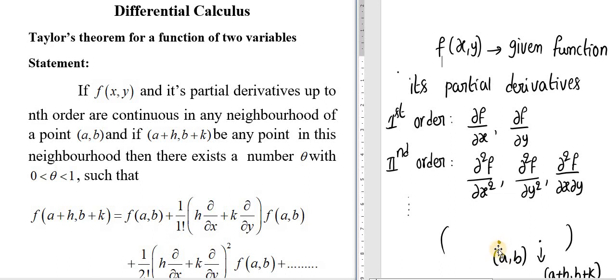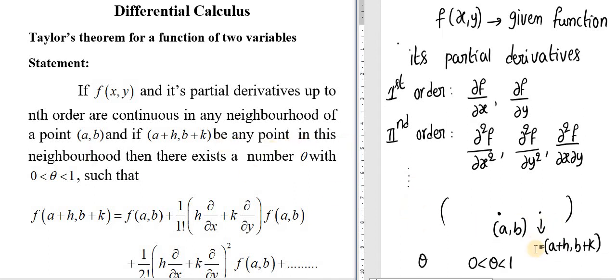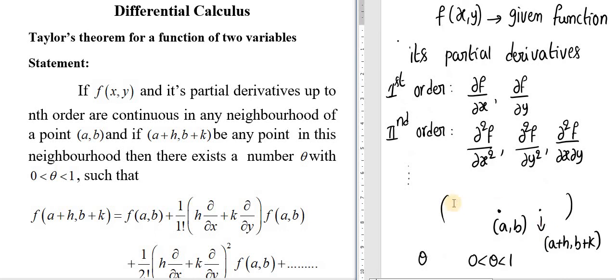Here you can observe this is the point a, b. For this point, this is neighborhood. Neighborhood means it is an open interval. So, this point lies within the neighborhood. And if a plus h, b plus k be any point in this neighborhood, observe, this is one more point that lies in this neighborhood only.